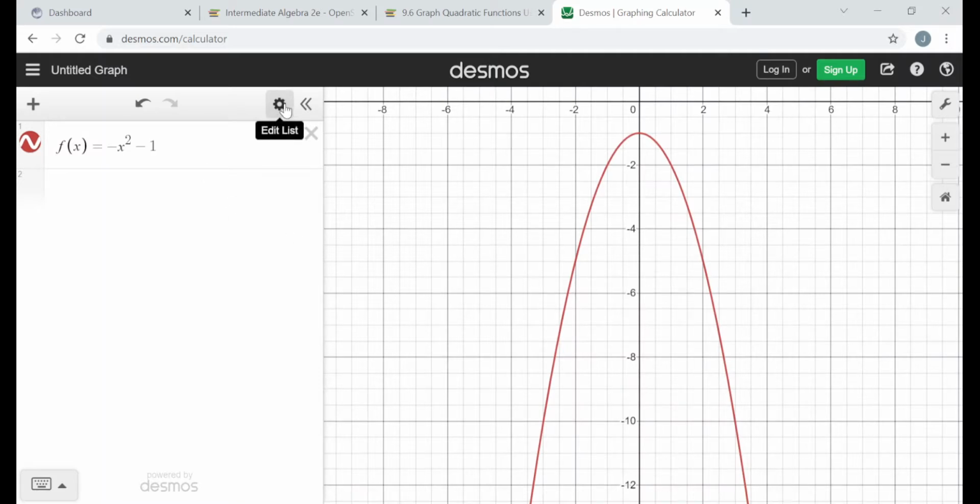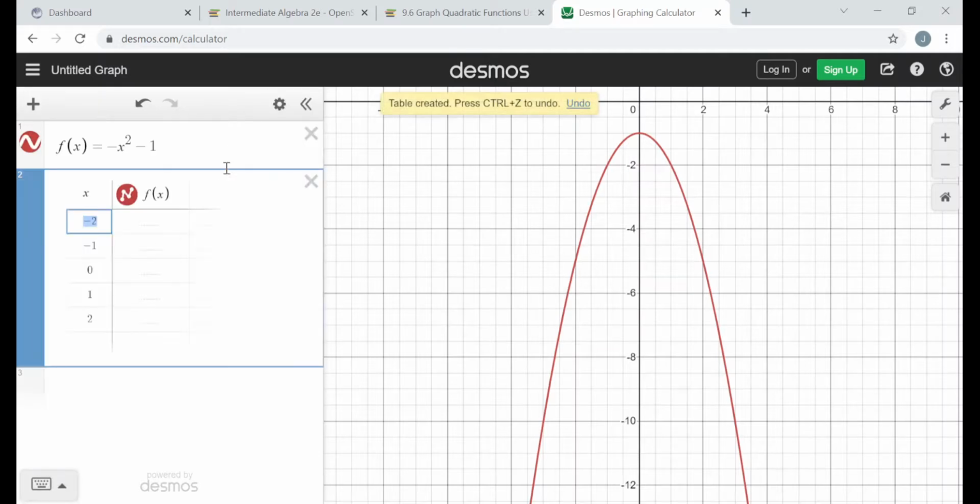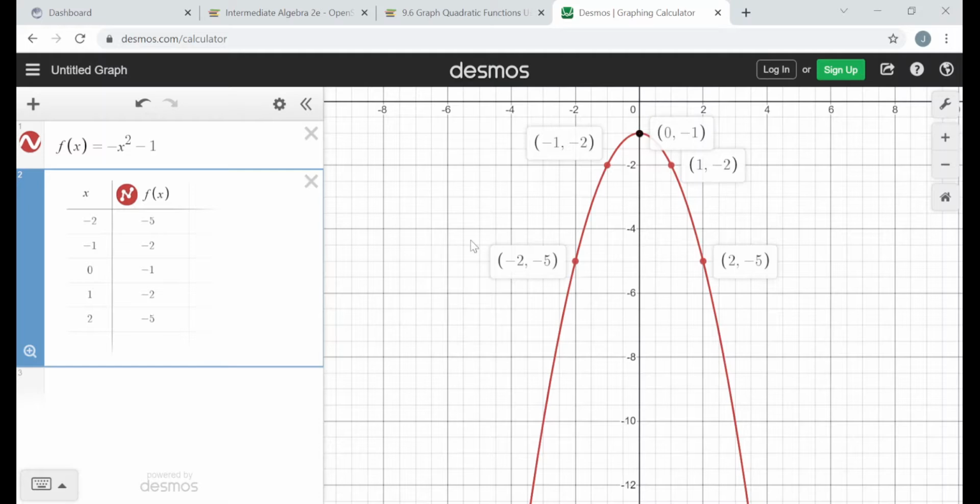Just to point out some points, let's convert to table here. And then all these points pop up. You see negative 2, negative 5 right there. Positive 2, negative 5, right? 0, negative 1, 1, negative 2, and negative 1, negative 2, right, on this table.